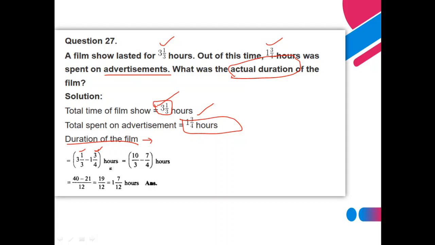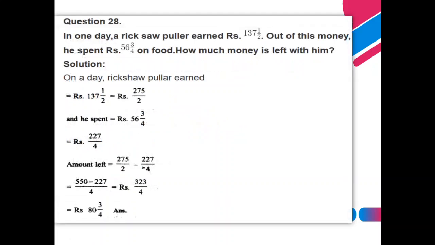So 3 1 upon 3 minus 1 3 by 4, and we have to calculate that. We are getting answer 19 upon 12, and that also converted into mixed fraction 1 7 upon 12 hours. So let's see the next question.